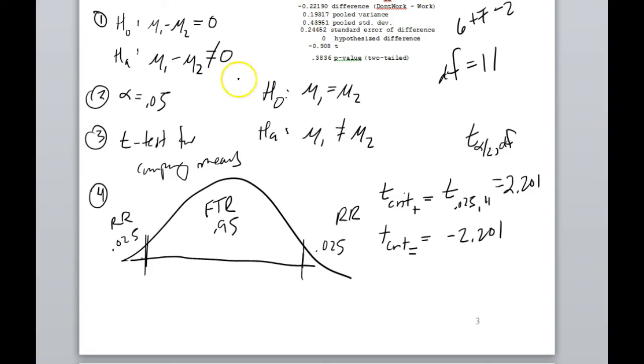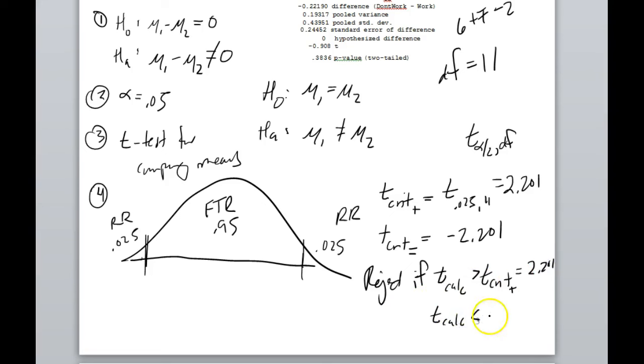So we came up with our critical values, and so then we say reject if t calc or t data is greater than t crit plus, that's equal to 2.201, or reject if t calc or t data is less than t crit negative of negative 2.201. Okay, so that's our rejection region.